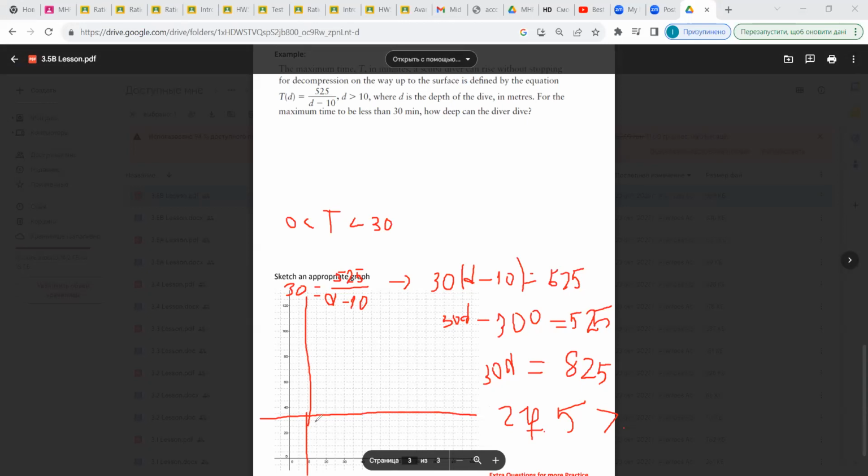And the greater the depth, the less time the diver can rise without decompression. So the ratio should look like this.